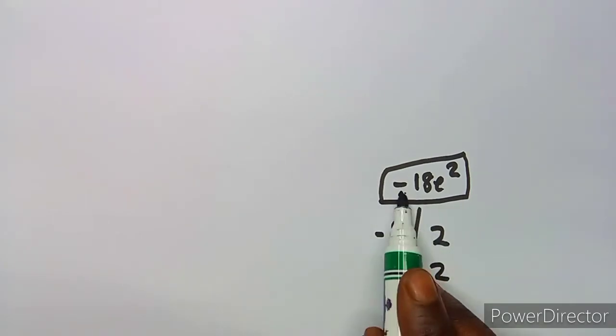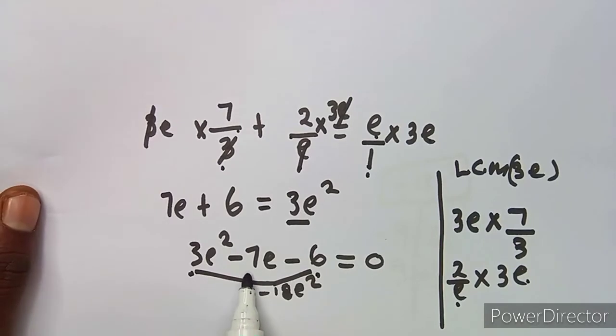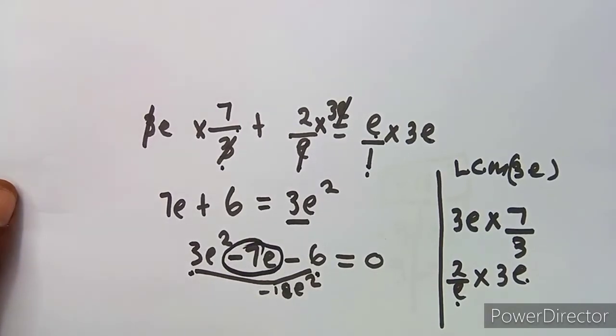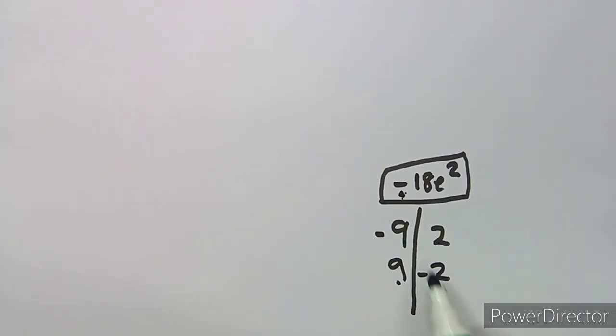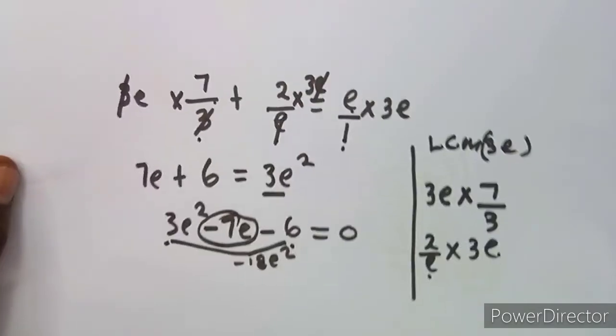But when I add them, they should give us the middle term here, which is minus 7e. So minus 9 plus 2 is actually minus 7. 9 plus minus 2 is a positive 7. But as we need a minus 7, it's minus 9 and 2.